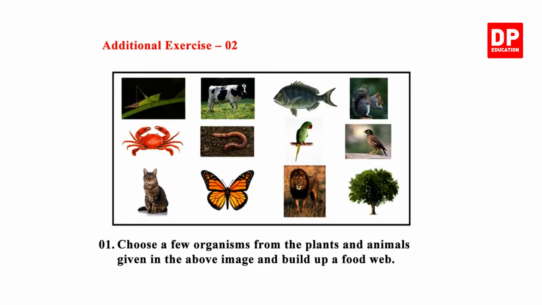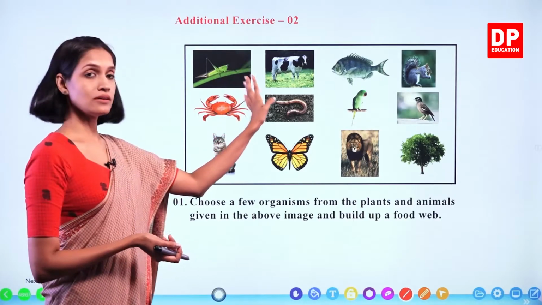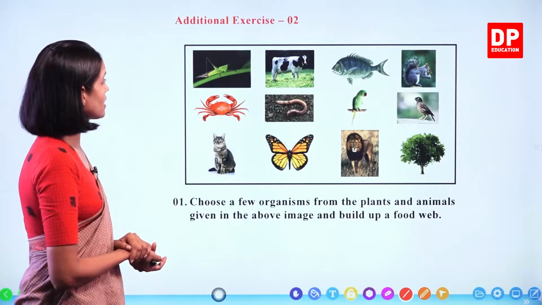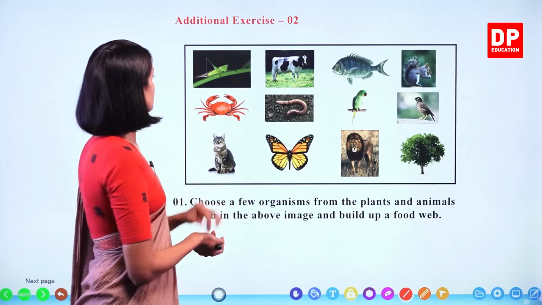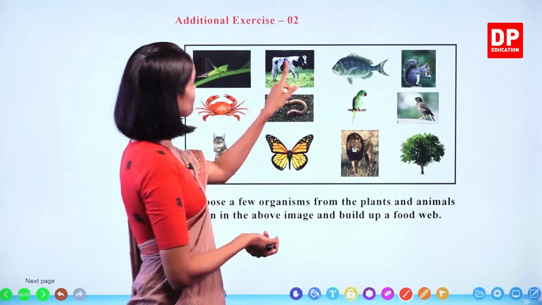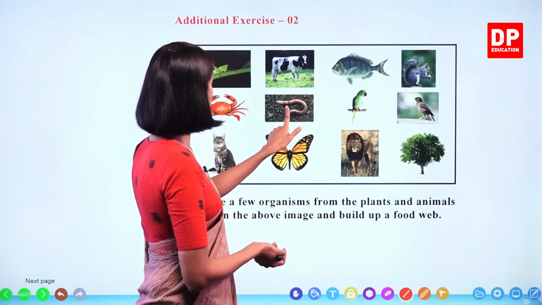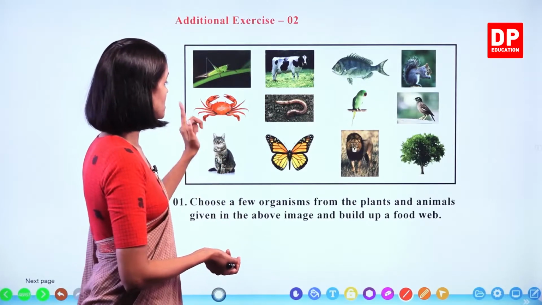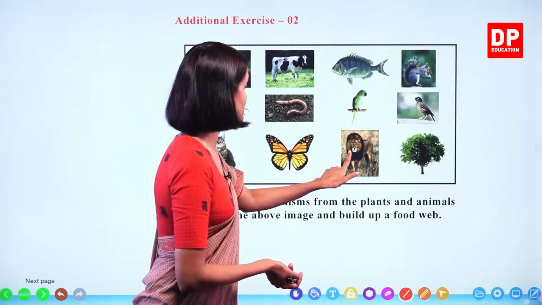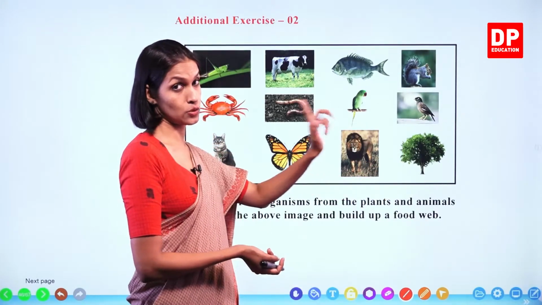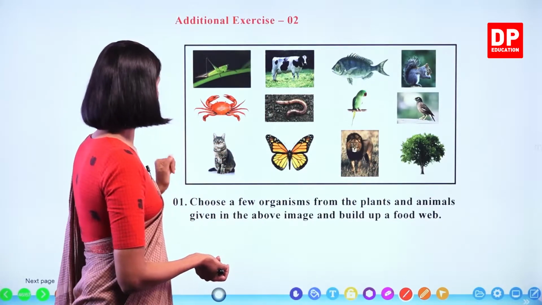Exercise number 2. Look at the pictures given. There are animals and plants: grasshopper, cow, fish, squirrel, myna, parrot, earthworm, crab, cat, butterfly, lion, green plant. Number 1.